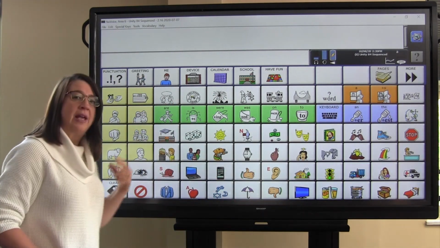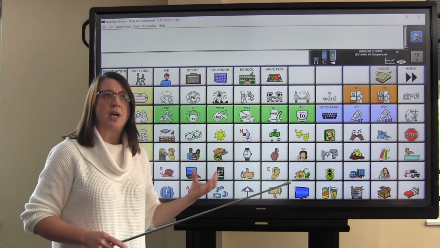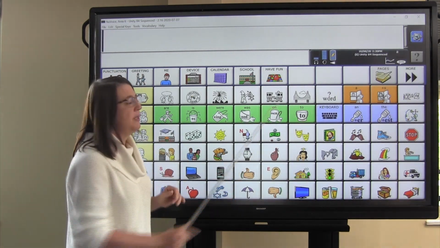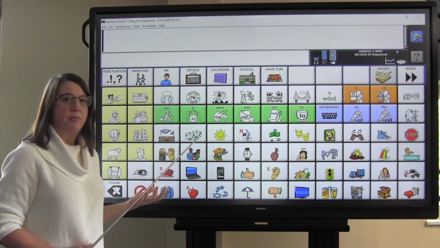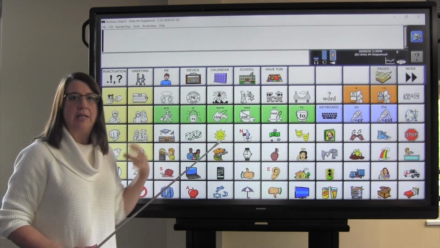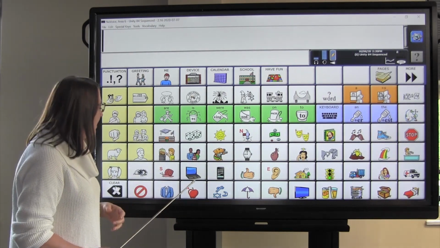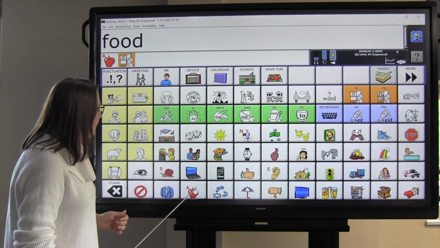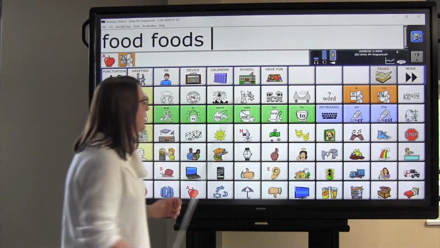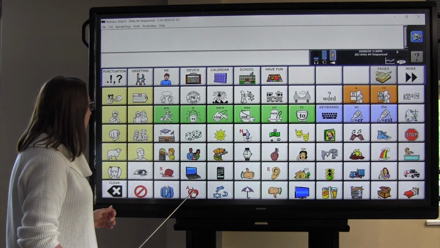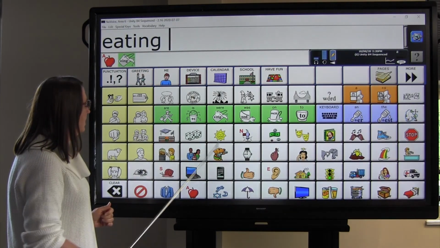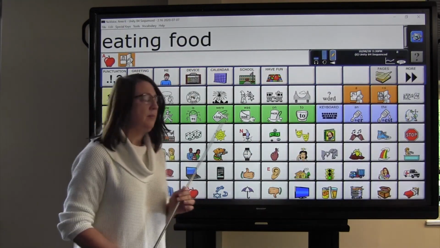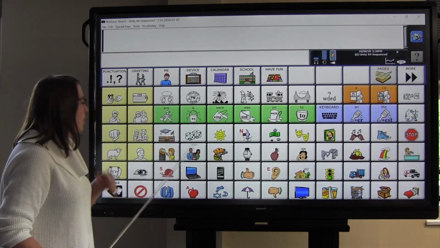So the noun category that's most commonly associated with our verb or with our icon is what we'll see when we select an icon. So for example, the apple represents eat and hungry. When I select the apple, I'm going to get food and foods. So I can say eating food.